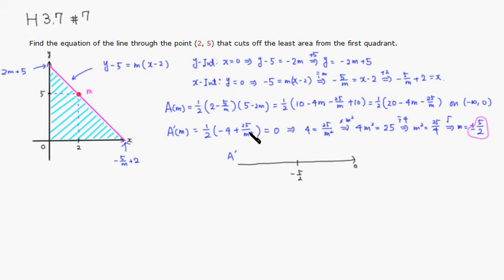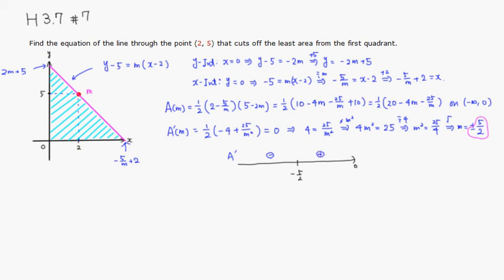We can try negative 3. If you put negative 3 in, that would be 25 over 9, and 25 over 9 is less than 4, so A prime is negative here. After negative 5 over 2, try negative 1: 25 over 1 is definitely bigger than 4, so that will be positive.